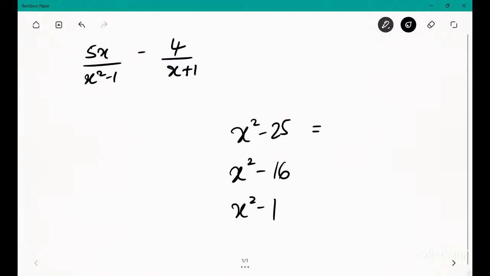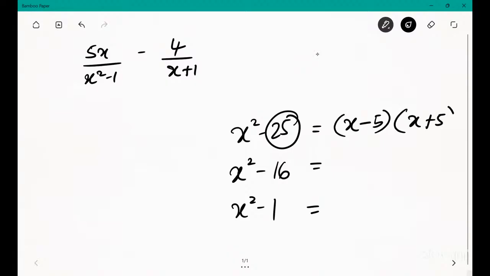Then how you simplify this is, it's going to be x minus the square root of 25, which is 5, and then x plus 5.